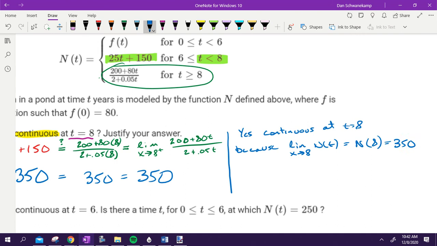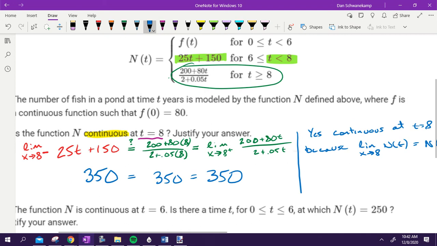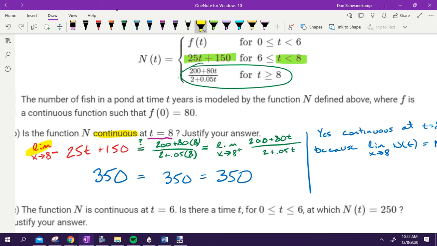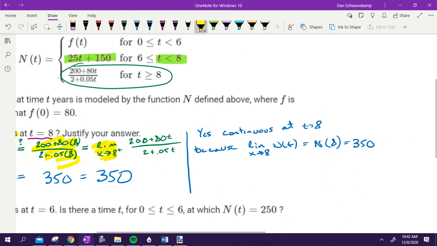I only had to write the limit once here because by writing this, it's saying that the left and right are already equal to each other. I did that by showing it over here. This is just as important as my conclusion. Writing this limit notation with the answer and this with the answer, and then saying, yeah, the limit from the left and right are equal to each other. The value's equal, and they're all equal to 350. So yes, I'm continuous at that spot.